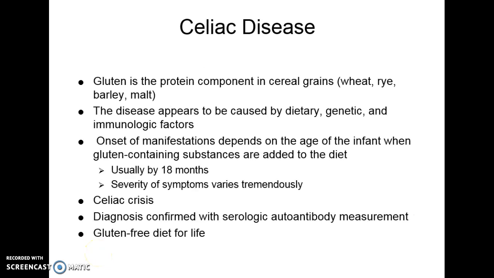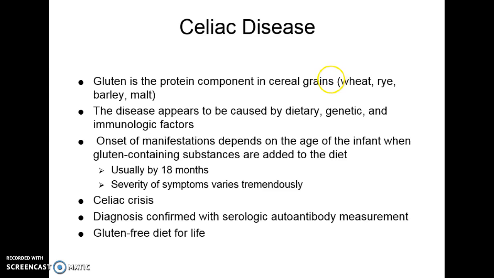Celiac disease is caused by hypersensitivity to the gluten protein, right, a protein component in many cereal grains: wheat, rye, barley, malt. This is becoming more common, and just going gluten-free is a fad, not a fad, but kind of a popular thing to do with some diets, as well as really the physical need to do it because of celiac disease.